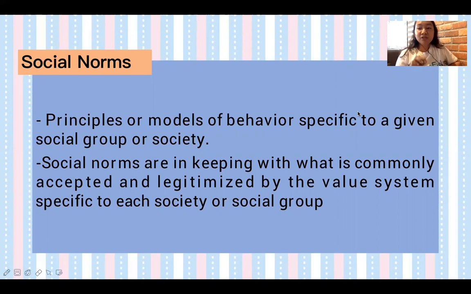So specific to that group, let's say the group of students or your set of friends, you may have norms that could be written or not written, or had been agreed through a process, a set of norms or expectations that you have to keep with one another. So social norms are in keeping with what is commonly accepted and legitimized by the value system specific to each society or social group. So it could change.